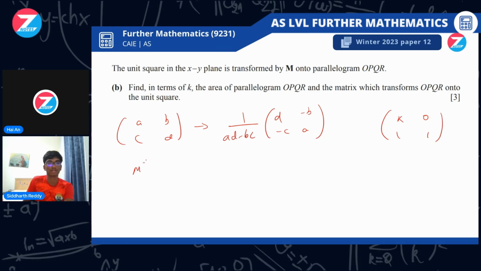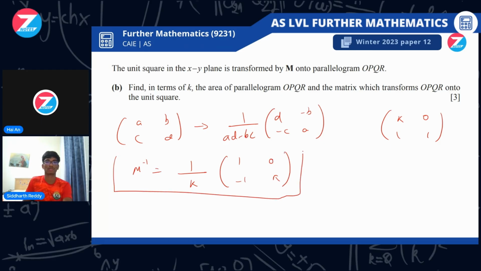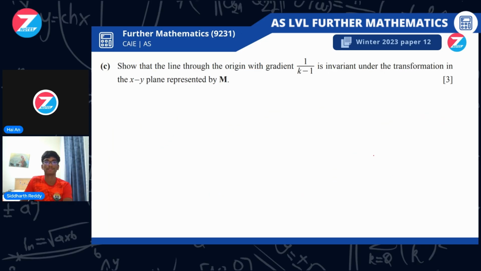So M inverse is going to be 1 by k, the determinant, into 1, 0, minus 1, k. Minus 0 is just 0. So that's the inverse matrix. And the determinant, the area of the parallelogram, is going to be absolute value of k.